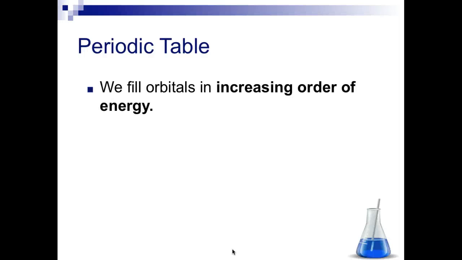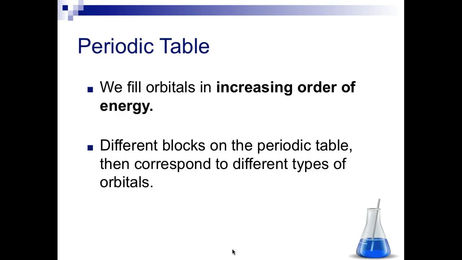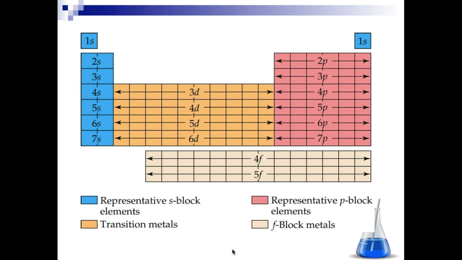So let's look at the periodic table. We fill orbitals in increasing order of energy, and the different blocks on the periodic table correspond to the different types of the orbitals. So for example, here is a shot of the periodic table, and it's broken down into where the different orbitals are.